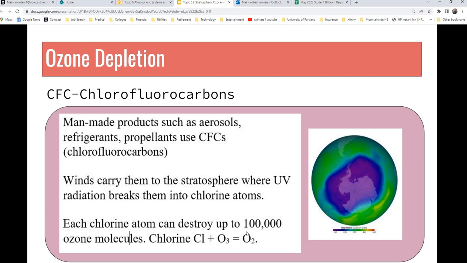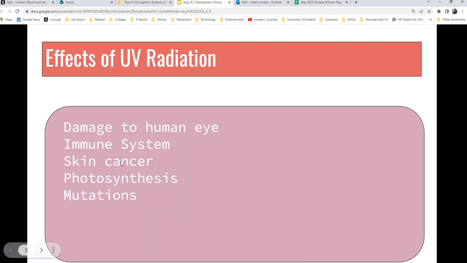So these chlorines, which came from CFC molecules, were breaking down the ozone layer. Now, the good news is it first started to appear over Antarctica, where there aren't too many people living, but it started to get bigger and bigger, and this was a real problem. So what did we do about it?